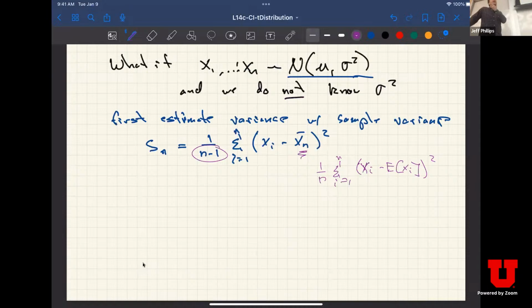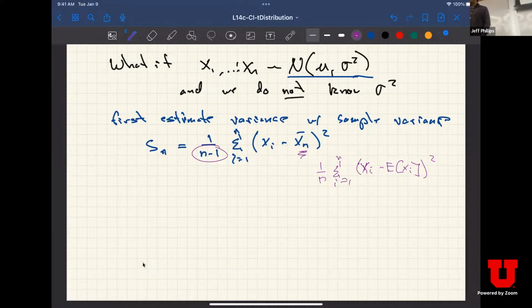So what we're going to do here is use the sample variance, which uses an estimation of the mean, to get a confidence interval on the mean. It's kind of a chicken and egg problem here, and we'll skip over that, and I'll give you a distribution where you can look up something in a table.